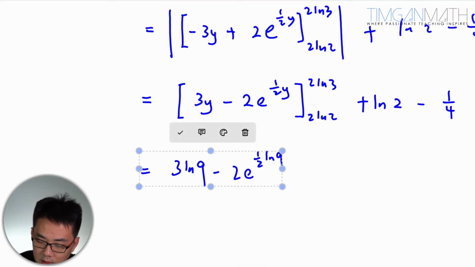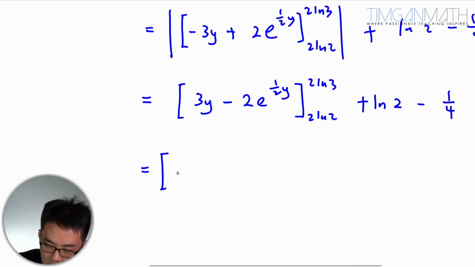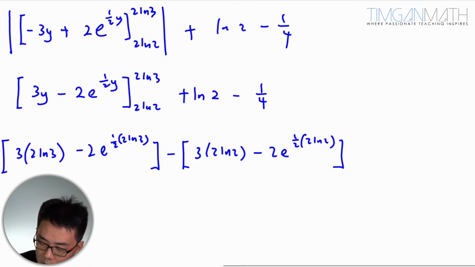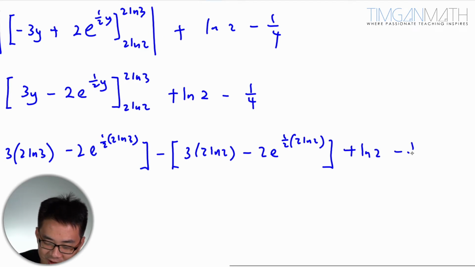Then I'm going to make this as 3 times 2 ln 3 minus 2e to the half times 2 ln 3, then minus of 3 times 2 ln 2 minus 2e to the half times 2 ln 2, plus ln 2 minus 1/4.